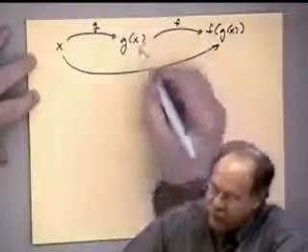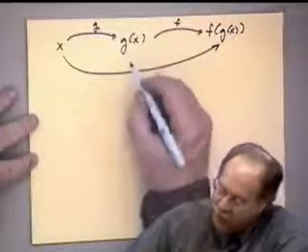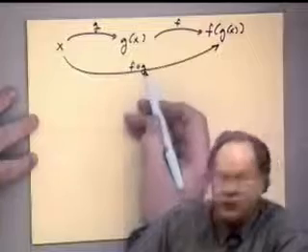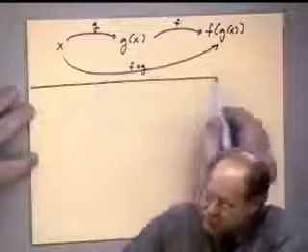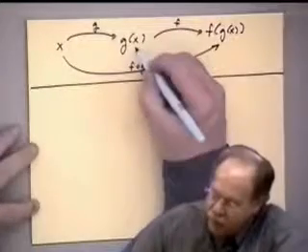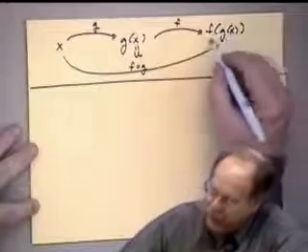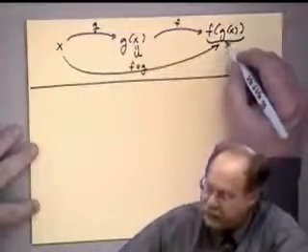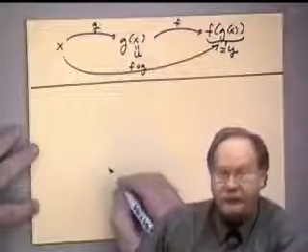Together, they form a composition which in the notation we've used before would be f composed with g, written this way, because the g is done first and then the f. Now that's just there to keep in mind what we're doing. Remember, we let g of x, which was the inner function, equal u, and this entire composed function is of course our original function, which we've decided to call y.